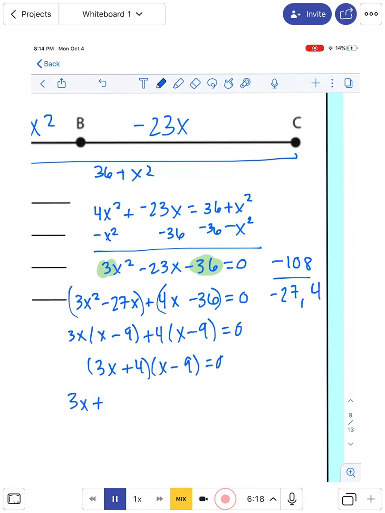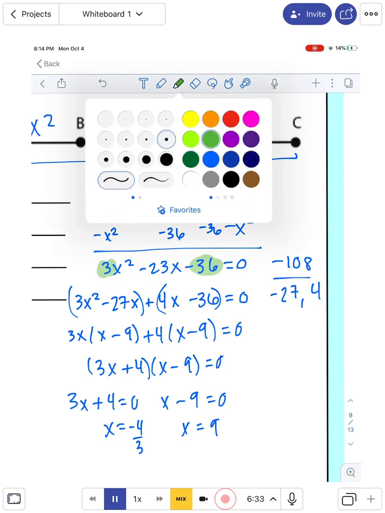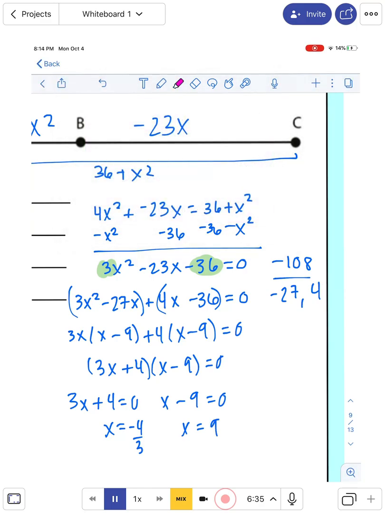All right, so now the zero product property says 3x plus 4 equals 0 and x minus 9 equals 0. And I do a little mental math, subtract the 4, divide by 3, we get negative 4/3. And on the right, we add the 9 and get 9. So now I want you to notice something here.